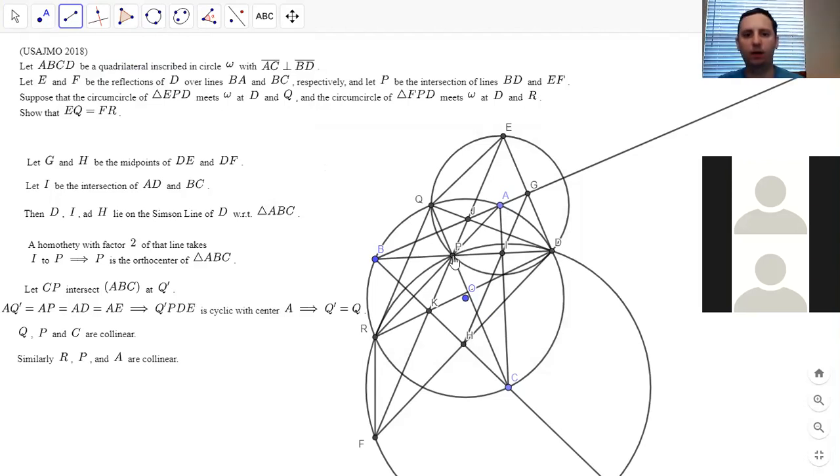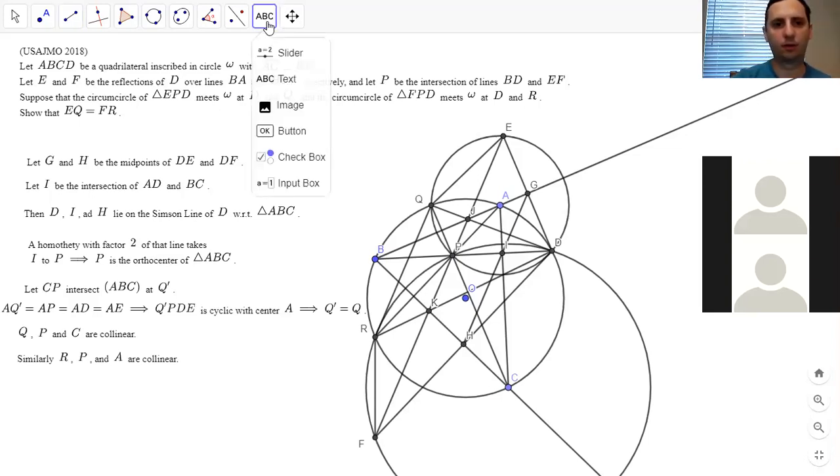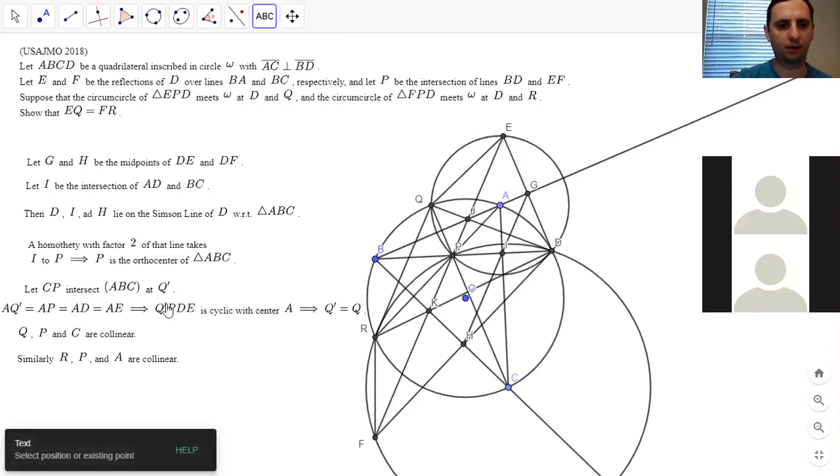Is it obvious that, okay, so is this enough to show that P is the incenter of QDR? Let's see. Because how do we know A is the, because we know A is the midpoint of arc QD and C is the midpoint of arc DR. Yeah. So, because of what we said right here.